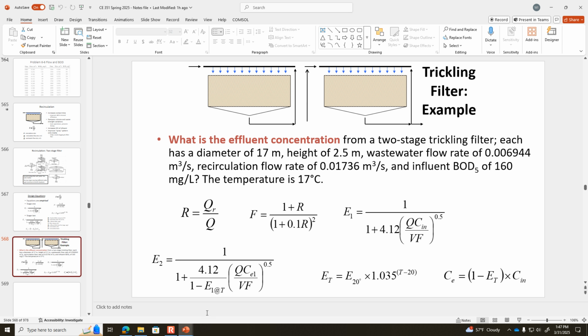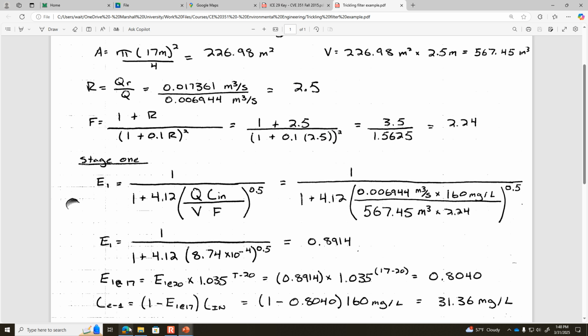So here's our formula for E2, and you can see it's the same basic equation as E1, but I've just specified that the concentration component should be the concentration that came out of stage 1, and then we also are going to be accounting for the efficiency in the first stage at the temperature that was specified.